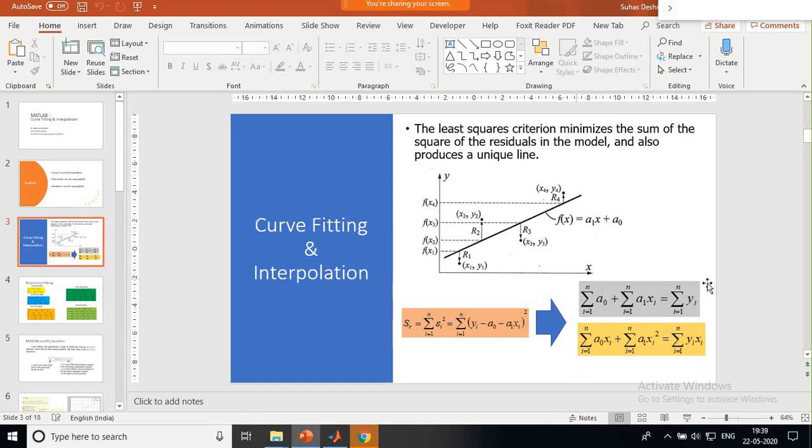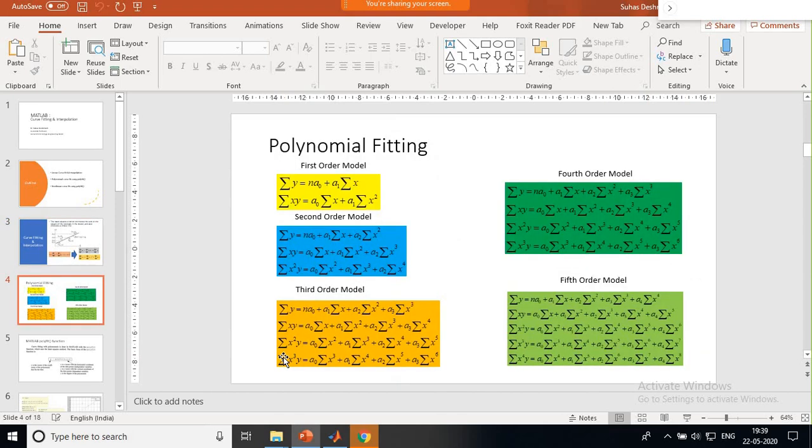So this is the way we get the equations used in engineering for fitting a curve in x and y. Now we'll move on to how to do it for polynomials of higher order. For a straight line we have seen two equations.